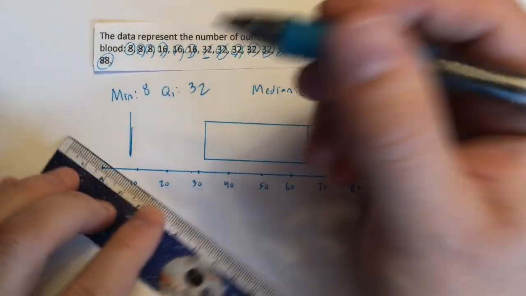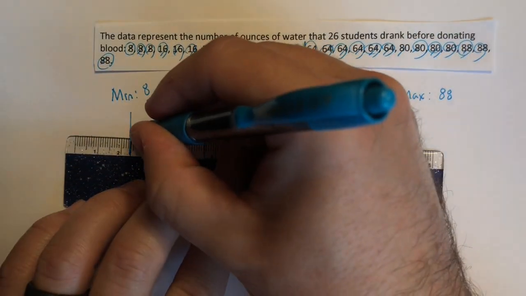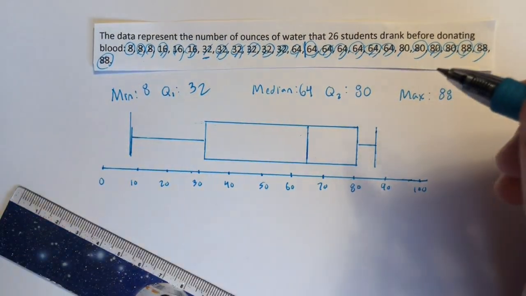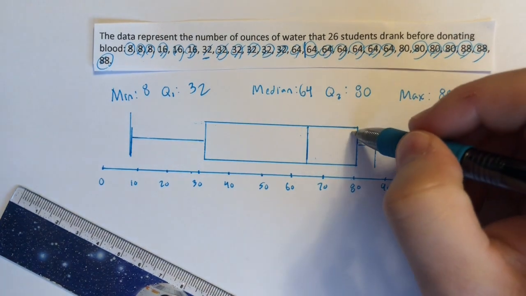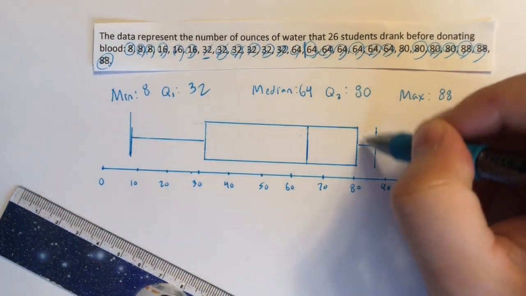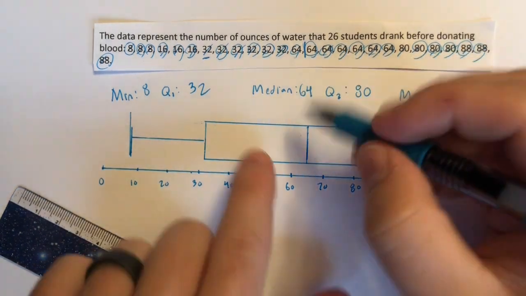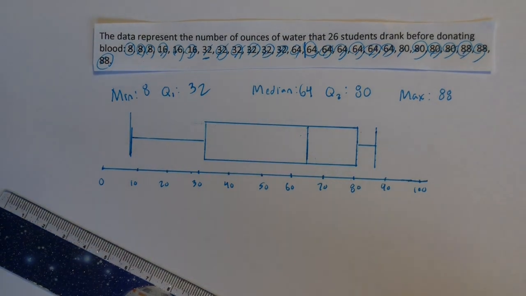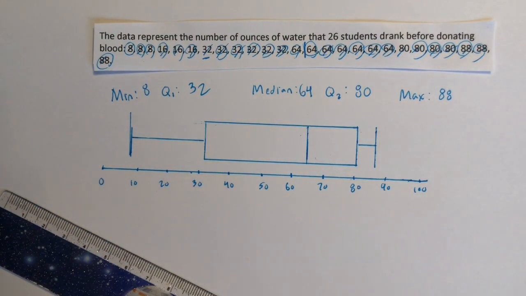So based on what I'm seeing right here, the majority of the data is concentrated, like this is the top 50%, this is the bottom 50%. The majority of it's concentrated right here. This is really spread out, the bottom 50%. All right, and there you have it.